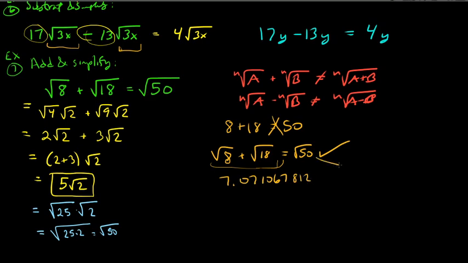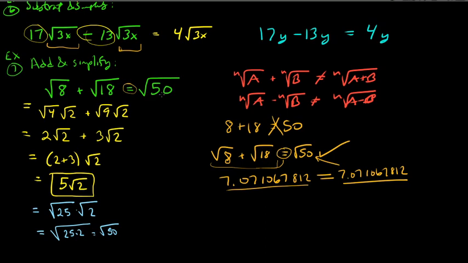Yep. Now, put in the square root of 50 on your calculator, and my calculator says that this is 7.0710678812. These, I think, are the same number. Let me make sure I have all the digits right. Yeah, these look exactly the same. So even though this looks funny here, these are in fact equal.